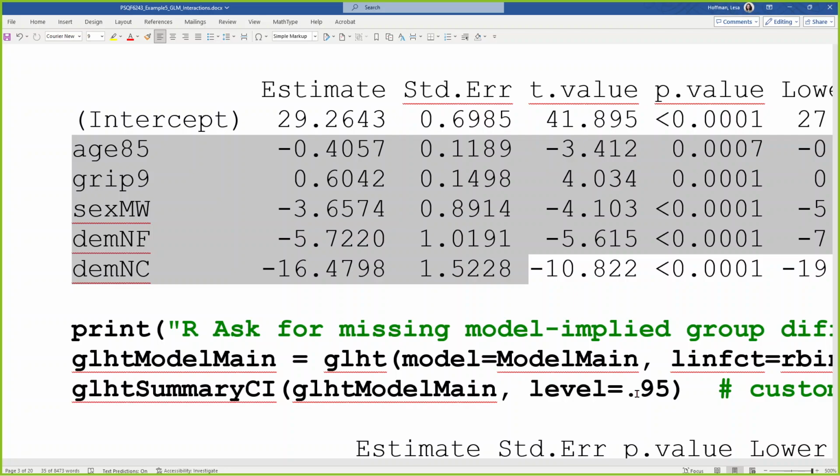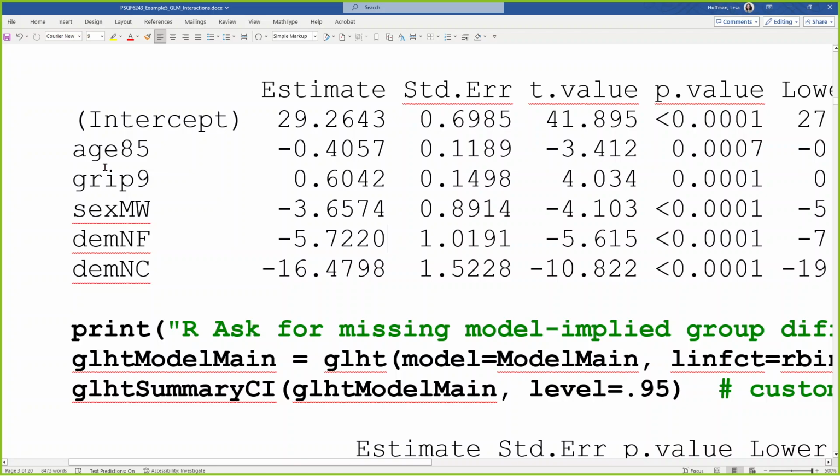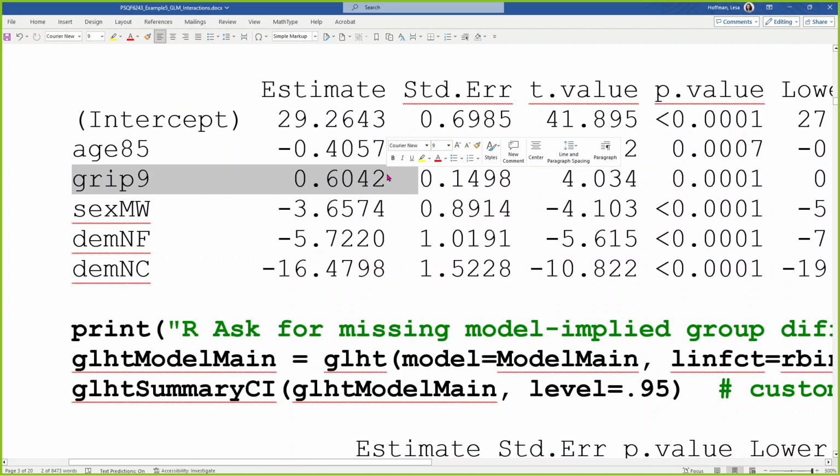Marginal is a synonym for unconditional, means applies to everyone. Marginal is correct. So each of these is controlling for the other. That's the unique part. This is what age brings to the table that grip, gender, and dementia don't have. This is what grip brings to the table that the others don't have, the unique part of the Venn diagram.